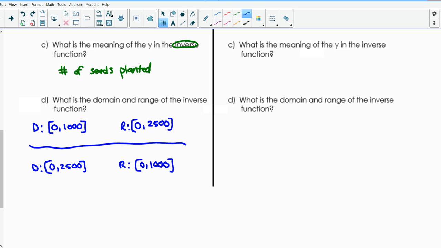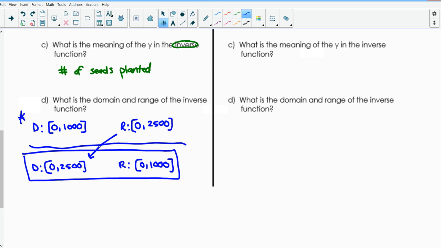Based off of those seeds, that's what will grow your pumpkins. So this is the answer. You can find it without doing this part up here, but it's a lot easier to do for the original and then just flip them. So this goes here, and this goes here. Okay, the idea with inverse is you really should be seeing is flip everything.